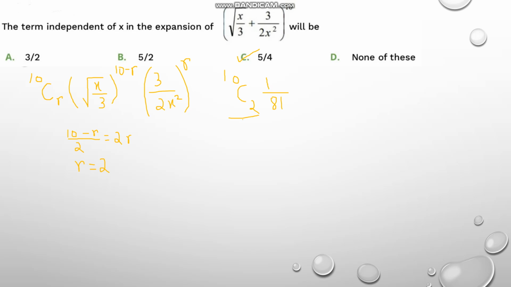This is nothing but 10 into 9 by 2, which is 45, into 1 by 81, into 9 by 4. On solving, this 9 will cancel, 9 will remain, which will cancel with 45 to 5, and the answer will be 5 by 4. So the answer is 5 by 4.